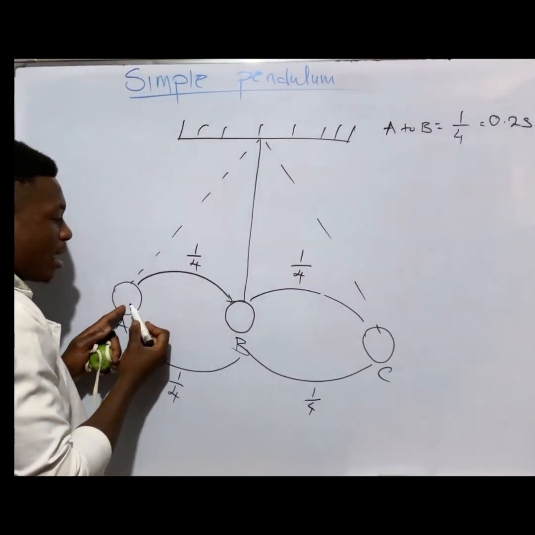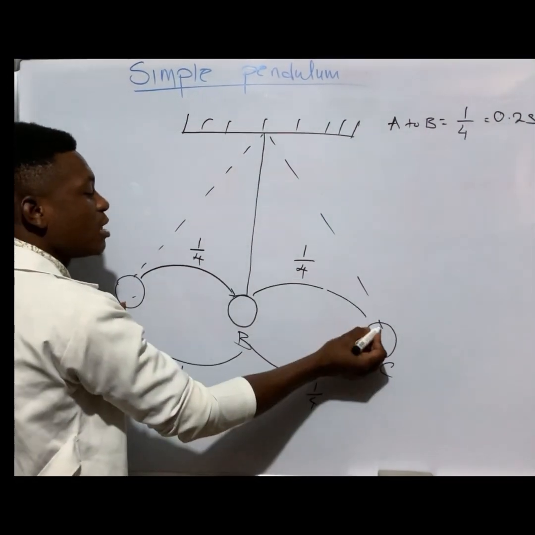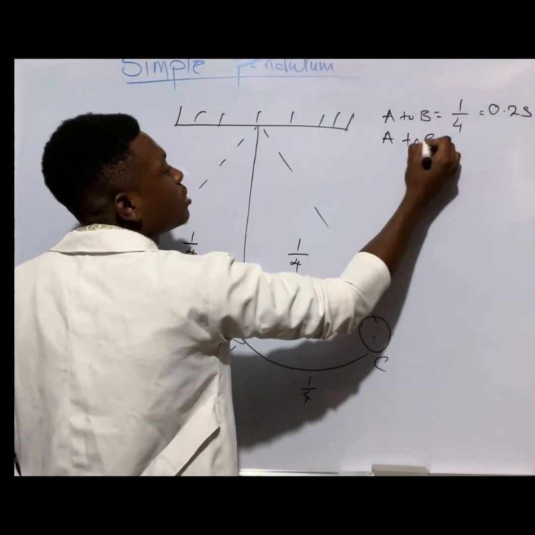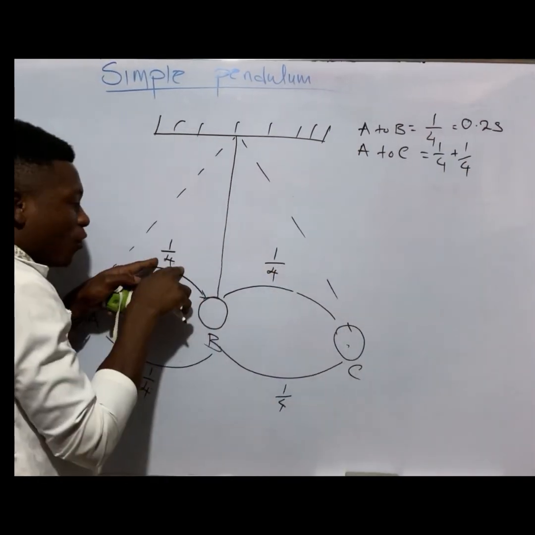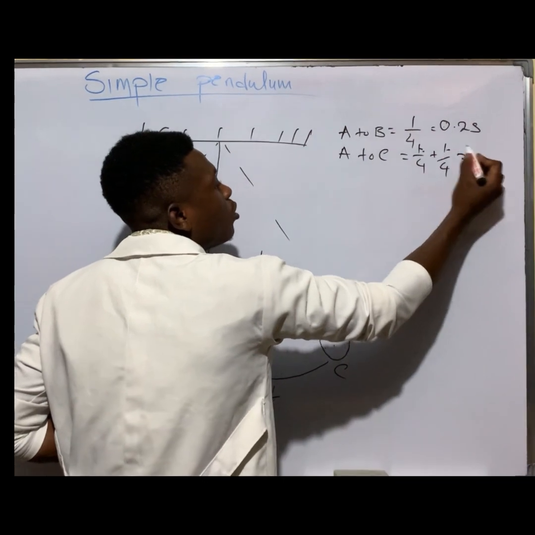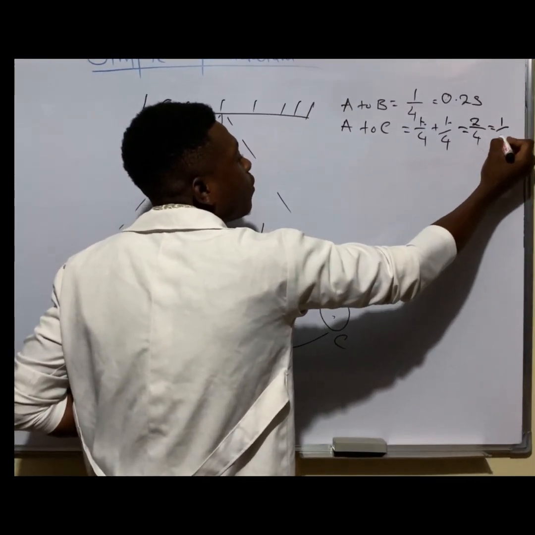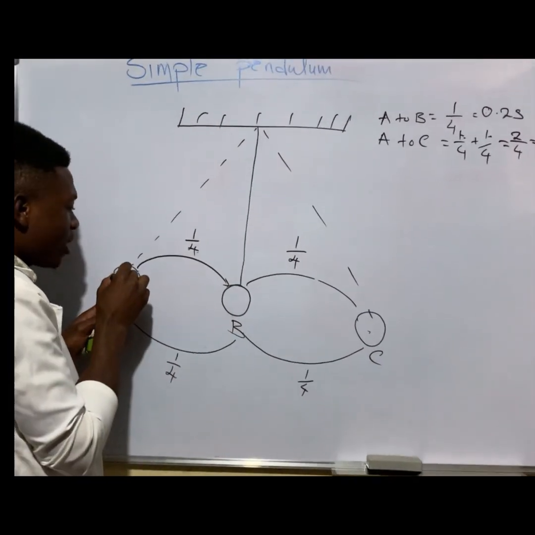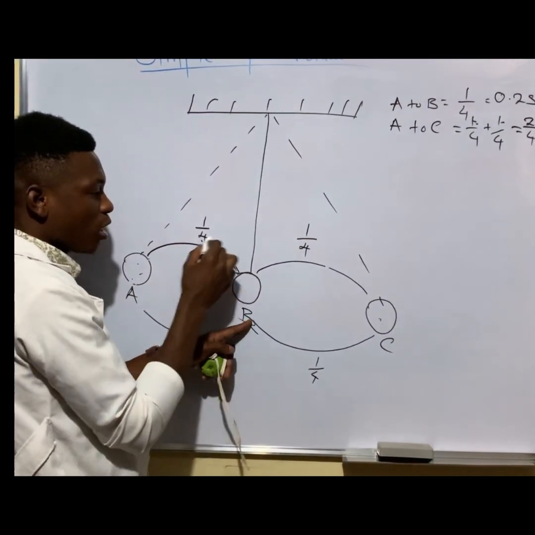What about from A to C? For it to pass from A to C, it has passed 1, 2. So from A to C, it is 1/4 plus 1/4. This will give you 2/4, which when you simplify it, is 1/2 or 0.5. The next one, from A to C and back to B: 1, 2, 3.